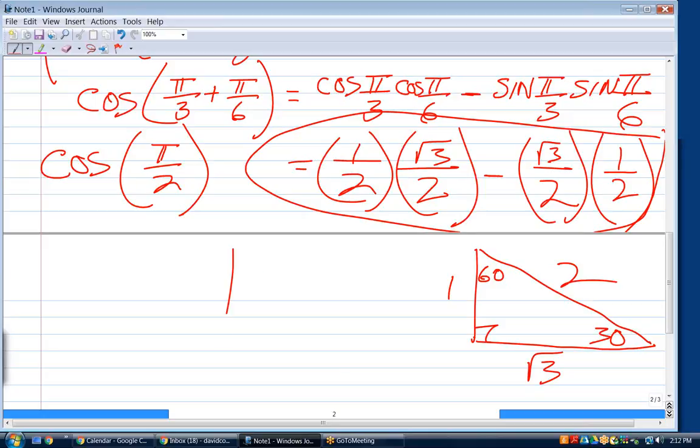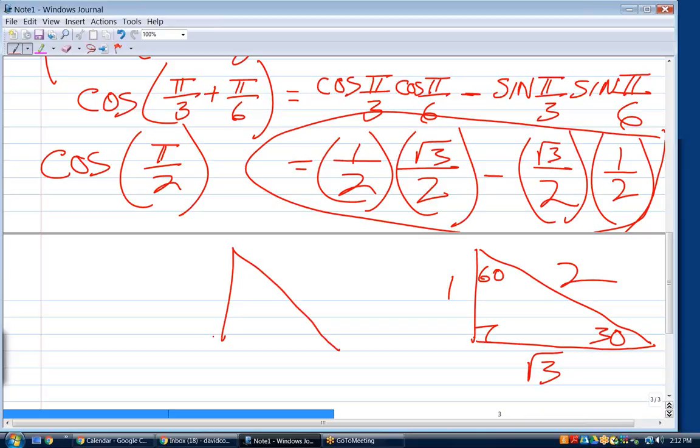Okay? The two triangles that are most important, if you memorize these two triangles and their dimensions, then you will pretty much know all trig functions in the first quadrant. And that's a huge step. If you know all your trig functions in the first quadrant, then you can apply rather simple formulas to figure out second, third, and fourth quadrant.